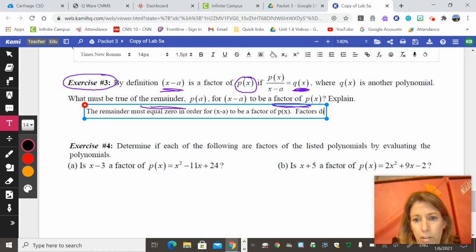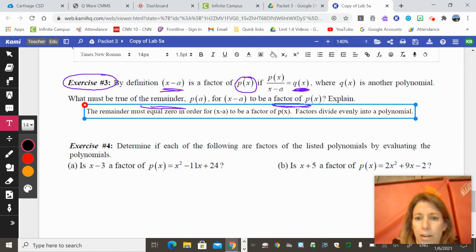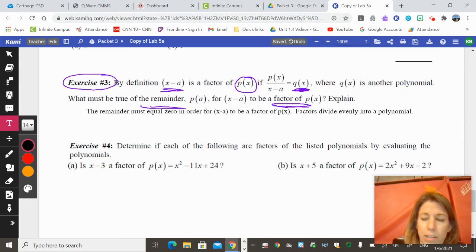Factors divide evenly into a polynomial. So again, that concept: in order to be a factor, you must have a remainder of 0.